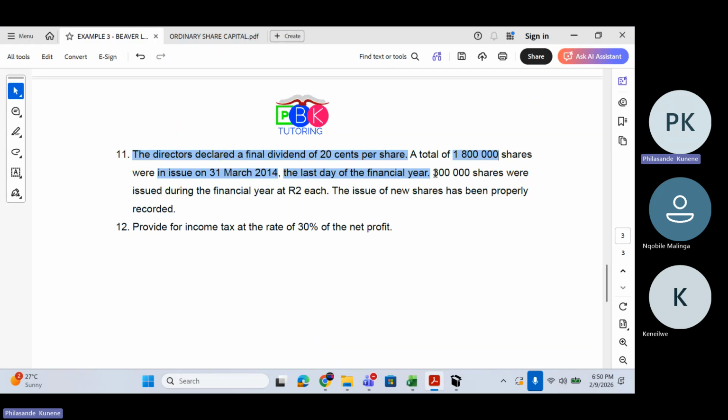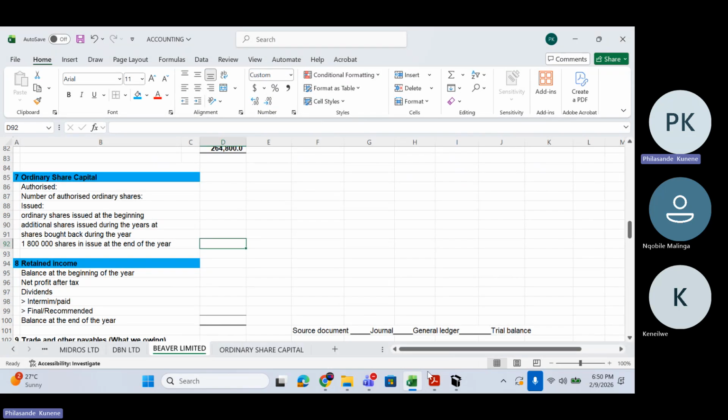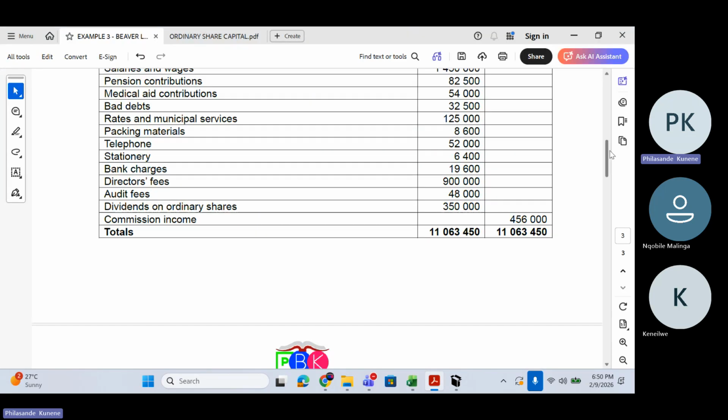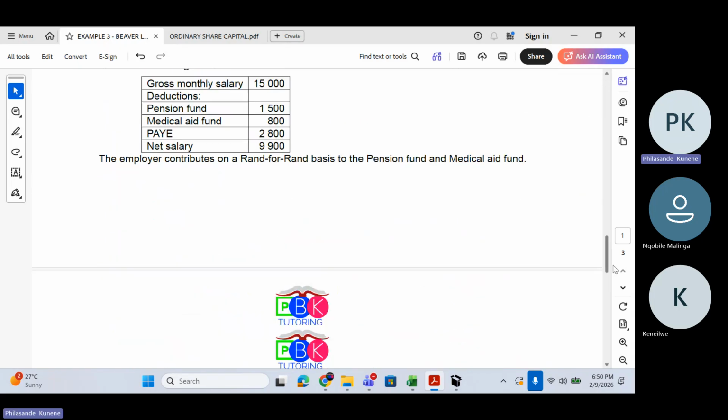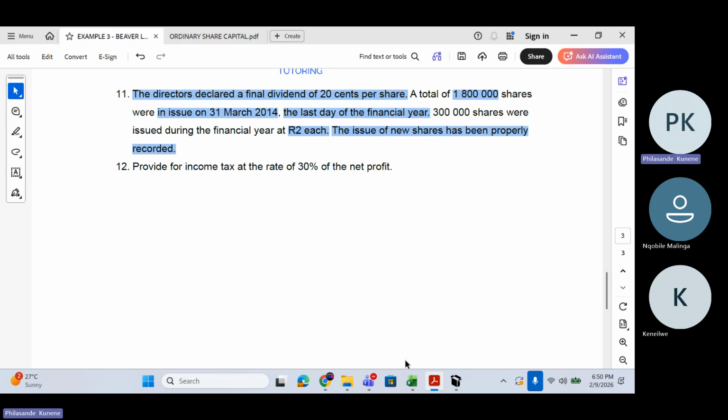Okay, let's carry on. They're saying here 300,000 were issued during the financial year at £2 each. The issue of new shares has been properly recorded. So what does that mean? It means that the amount sitting there is the ordinary share capital at the end of the year, because the issue during the year has already been recorded.